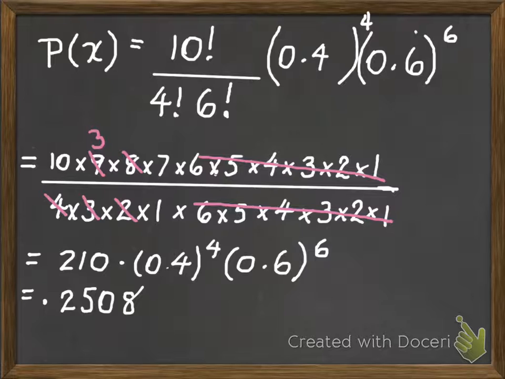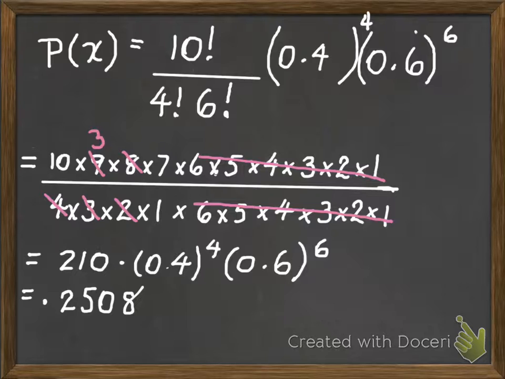Now, to compute this is not bad because we can cancel the 6 times 5 times 4 times 3 times 2 times 1 on the top in the numerator with the 6 times 5 times 4 times 3 times 2 times 1 in the denominator, because anything over itself is 1, so those cancel.